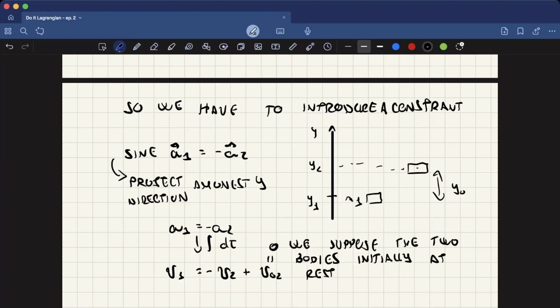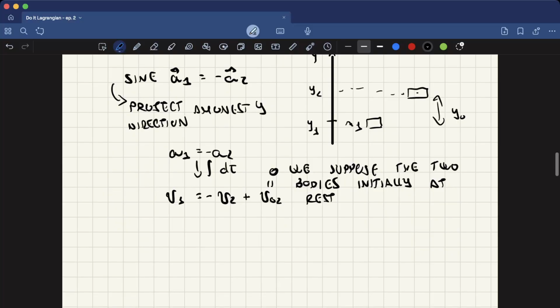Okay, so if we integrate another time, so another integral in terms of the time, since v1, okay, this is just dyi in dt with i equal to 1, and so this is y1 equal to minus y2 plus that offset we discussed earlier.